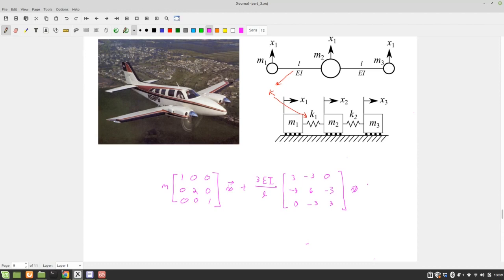X vector is equal to a 0 vector, right? No input forcing. We're just going for our natural degrees of freedom here. Okay, anyone have any questions on how we got that?